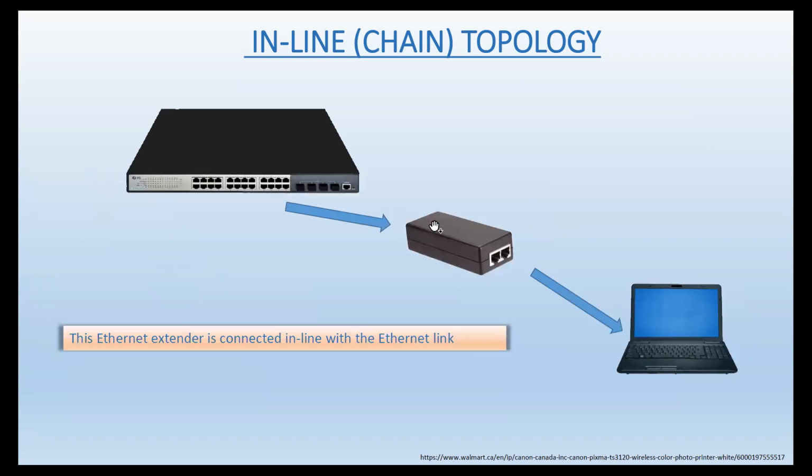All right. A real life example: Ethernet extender. This Ethernet extender is connected inline with the Ethernet link. Well, the Ethernet link goes from the switch to the PC. Here's the challenge.